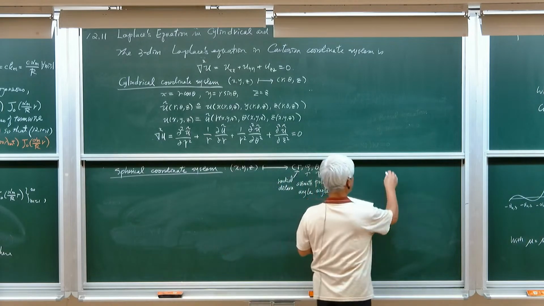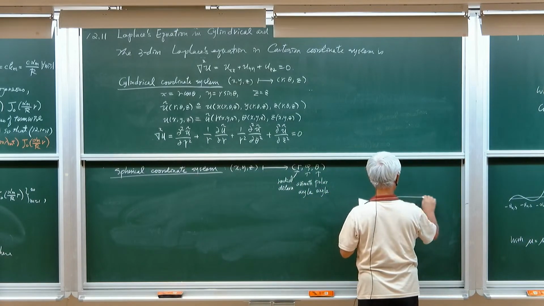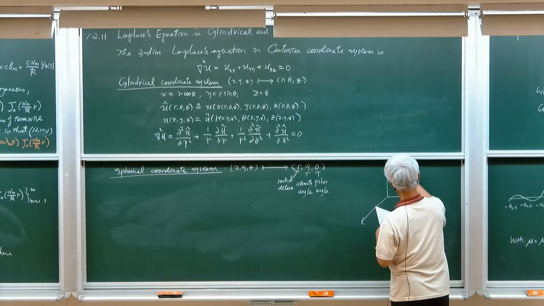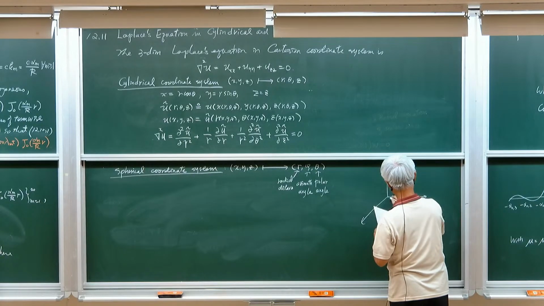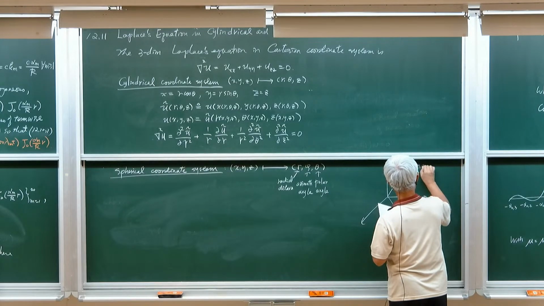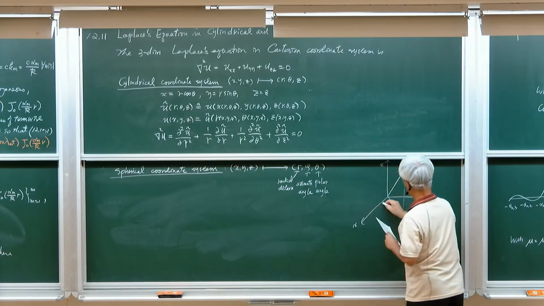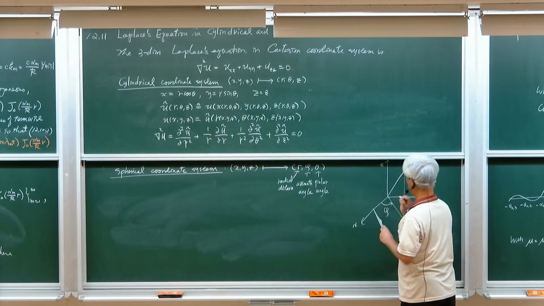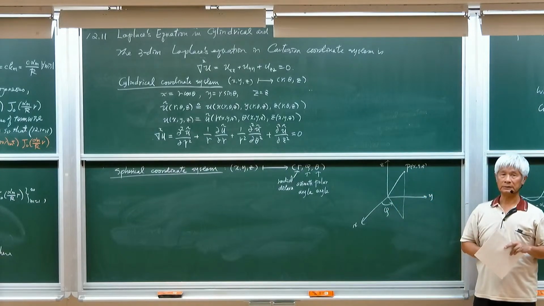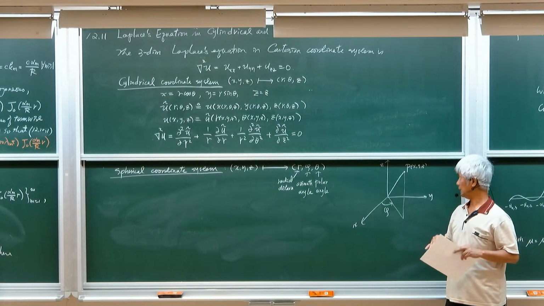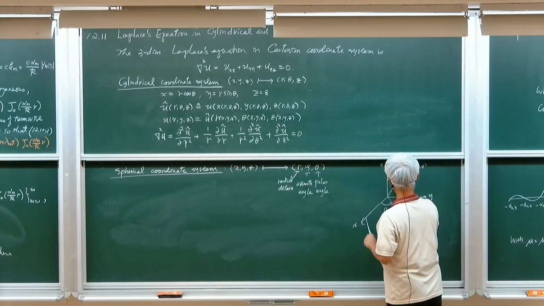As we know, for a point here, this is a point x, y, z, with projections x, y, and z. This is the azimuth angle, or the horizontal angle, and this is the polar angle.